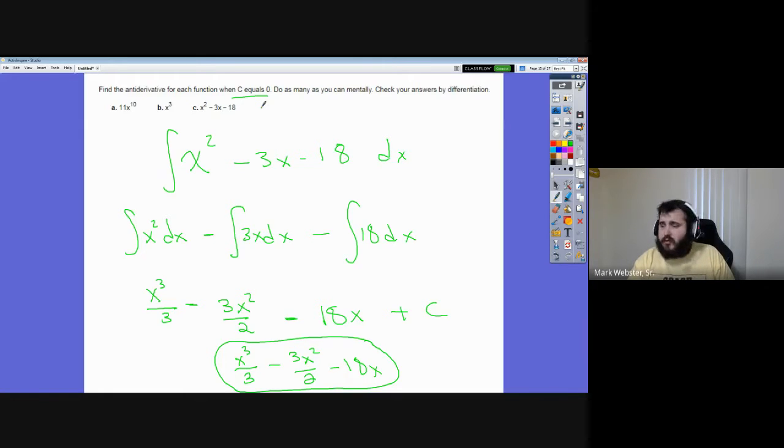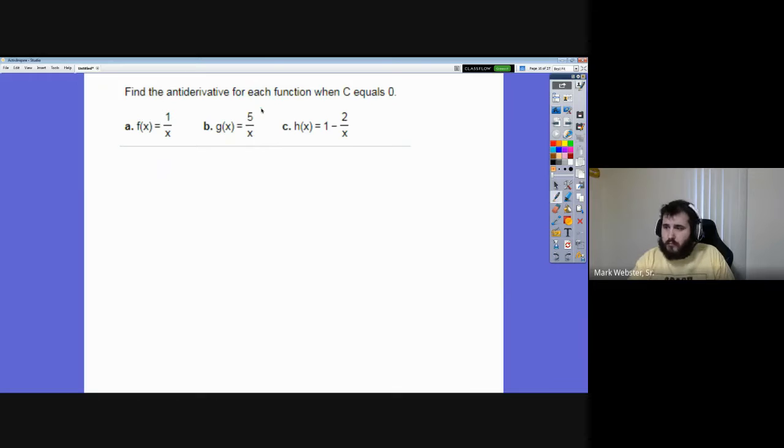Okay, let's do the next one. So now with these, remember, the thing that gave us 1 over x when we took the derivative was natural log. So if I integrate it, I better get it back up there. So let's take the integral of 1 over x with respect to x.